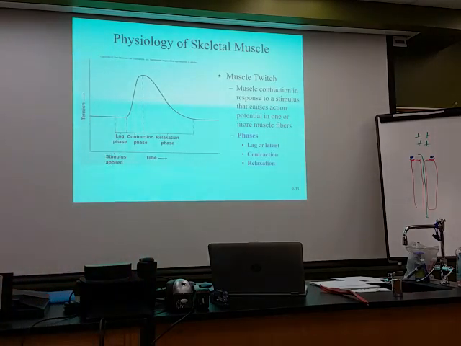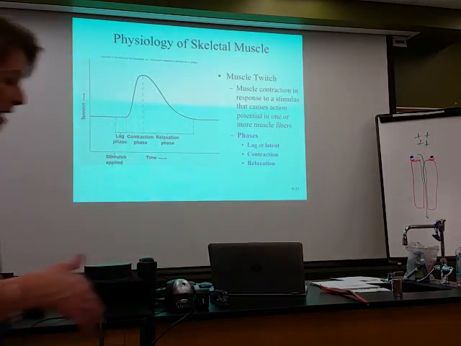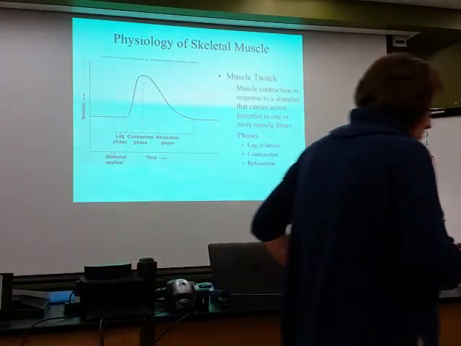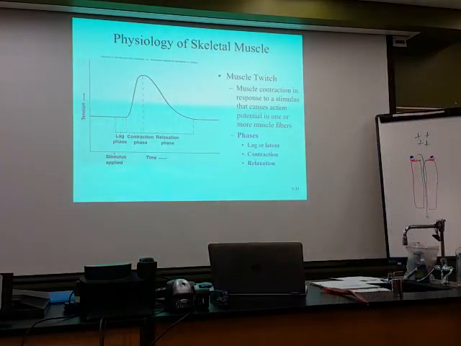We're gonna term one cycle of a contraction and a relaxation a muscle twitch. And I don't just mean, okay? Because you think of muscle twitch, you guys probably think, right? That's muscle movement. That means an entire muscle set moved, okay?